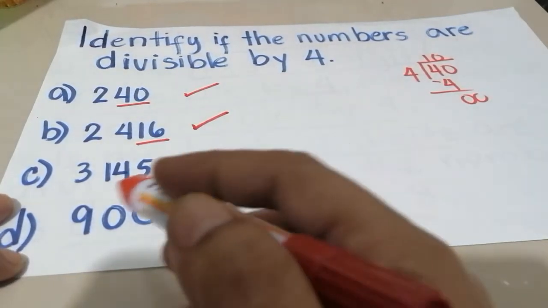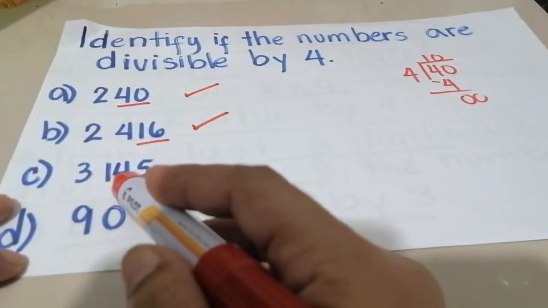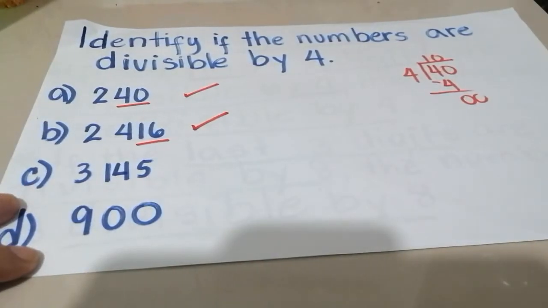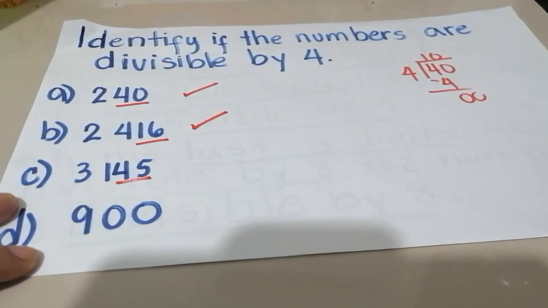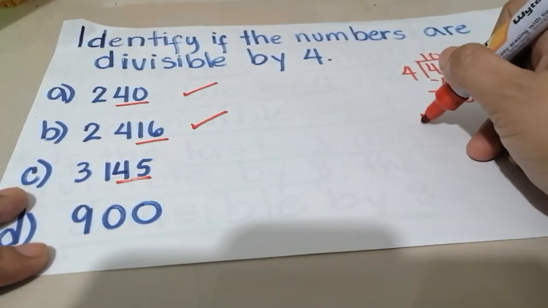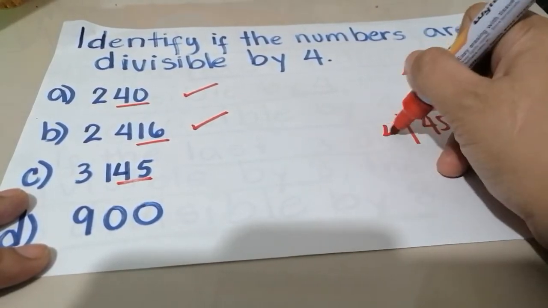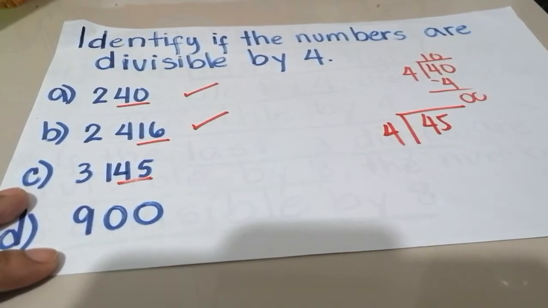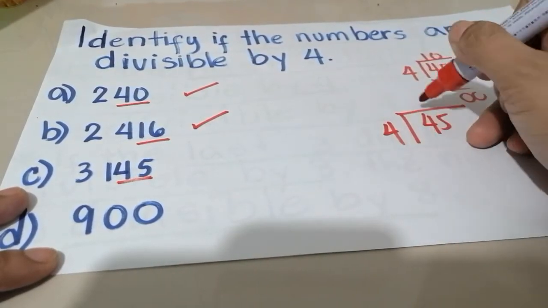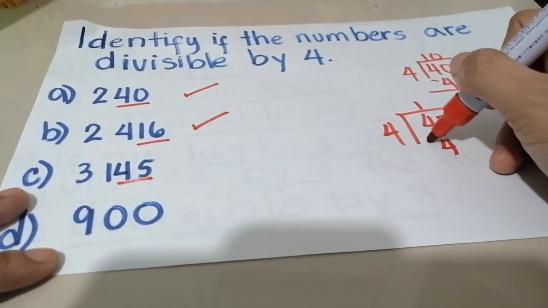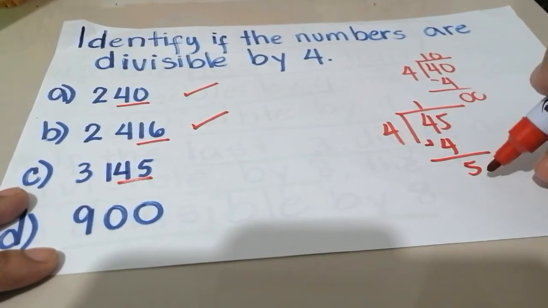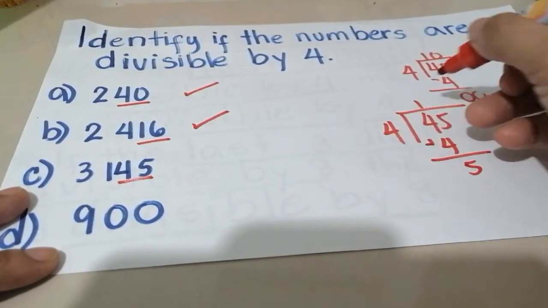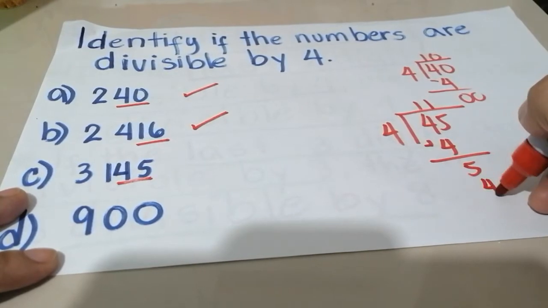Okay, next, 3,145. The last 2 digits here are 45. 45 divided by 4 will give you a remainder. Why? Because 4 divided by 4 is 1, 4 minus 4 is 0, so bring down 5. 5 divided by 4 is 1. 1 times 4 is 4.